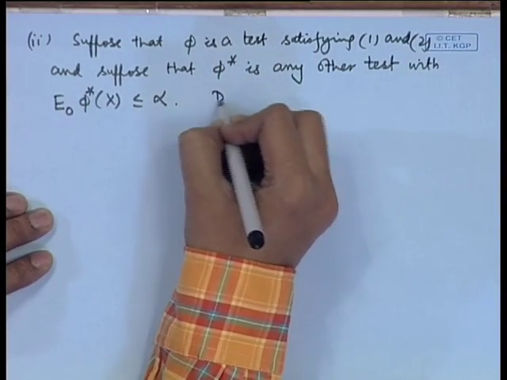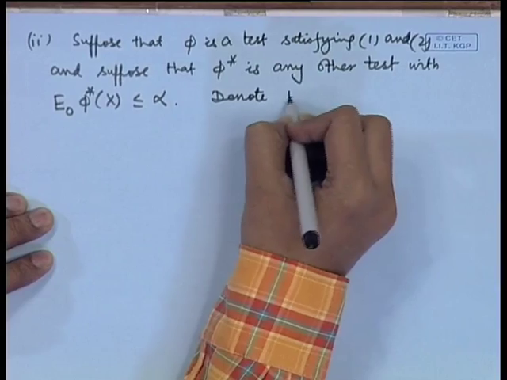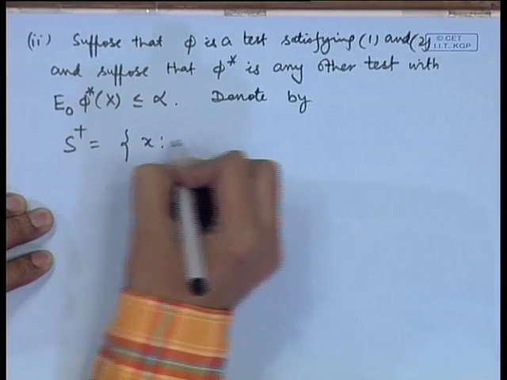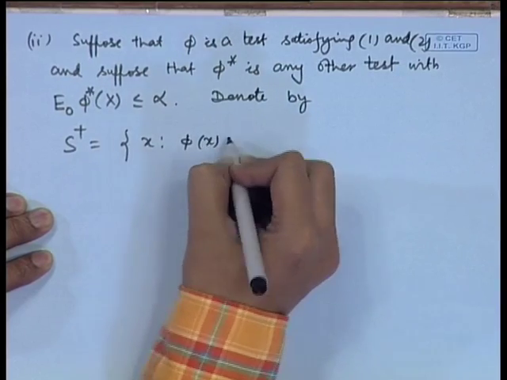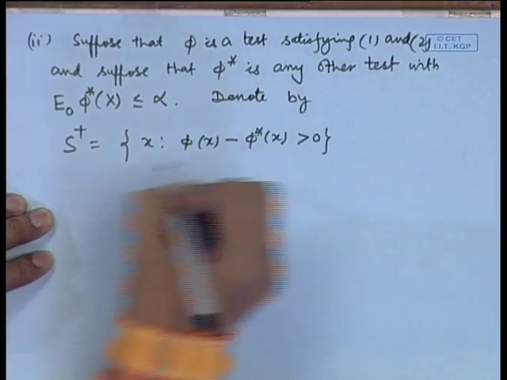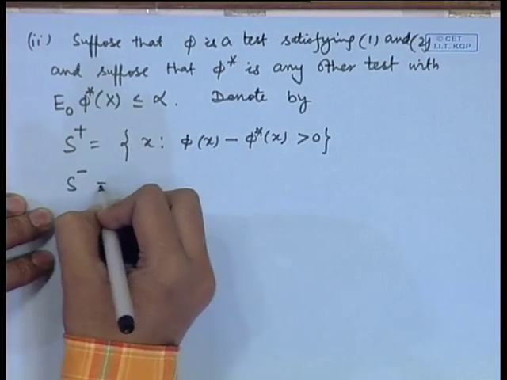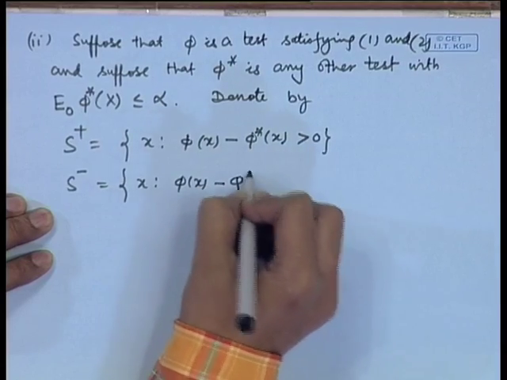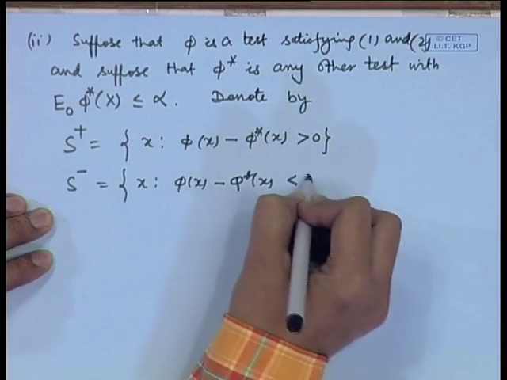Let us use the S plus notation for the set of those points for which phi minus phi star is greater than 0, and S minus is the set of those points for which phi x minus phi star x is less than 0.